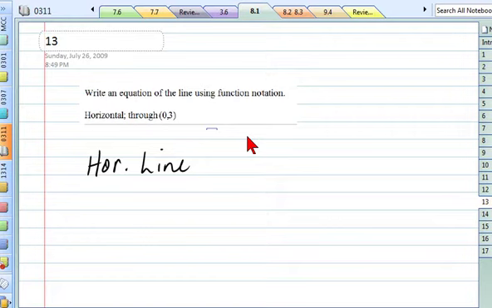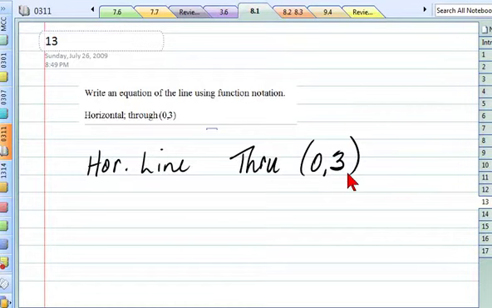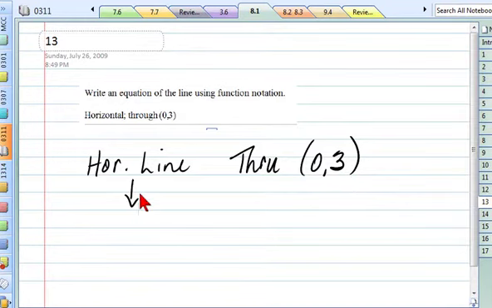Back to this, we have a horizontal line and it goes through the point (0, 3). All right, slope. We always have to start with slope. This problem we aren't given slope. We're given that it's a horizontal line. The slope is 0. Now, you honestly could survive without writing that fact down just fine.